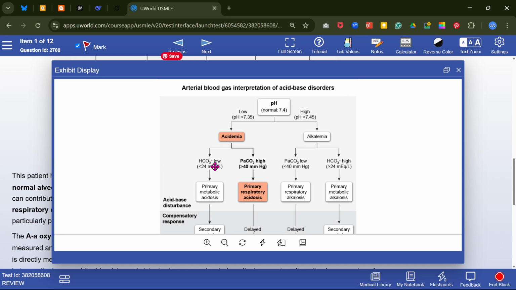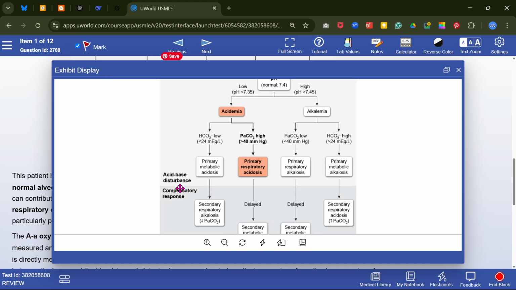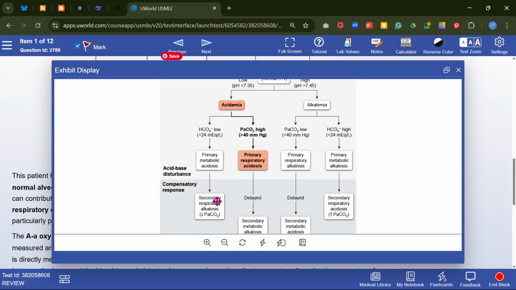If bicarb is low, less than 24, it is primary metabolic acidosis. Its compensatory response is secondary respiratory alkalosis.